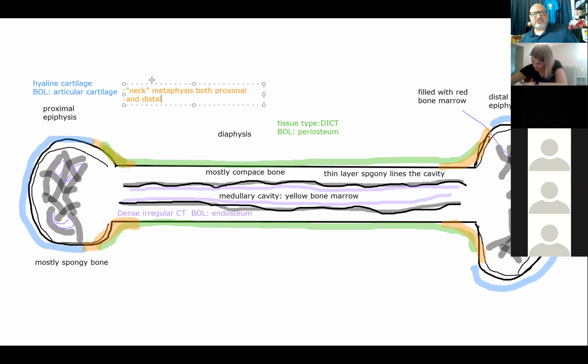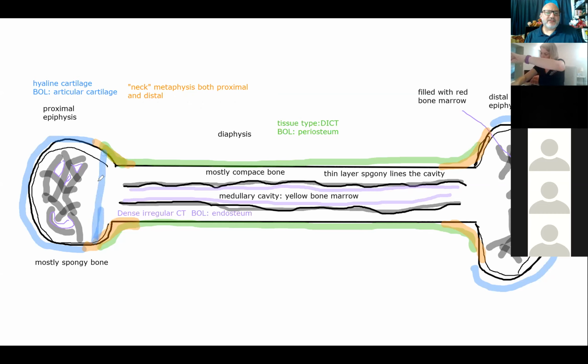That's that transition region. However, as someone mentioned, inside of that transition region is yet another piece of hyaline cartilage. This hyaline cartilage is what we commonly refer to as the growth plate.